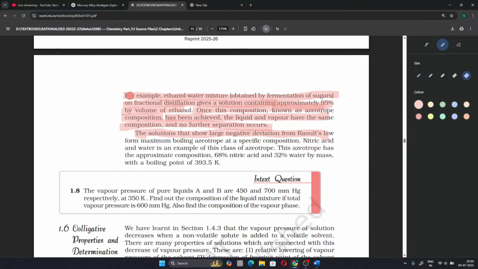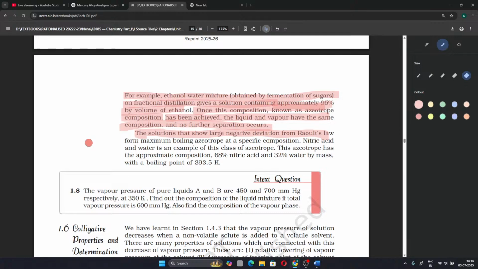Basically, this statement is saying that when an ethanol and water mixture is obtained by fermentation of sugars, then on fractional distillation we can separate until the ethanol concentration by volume is 95% and 5% is water. Until this composition is reached, we can separate them.